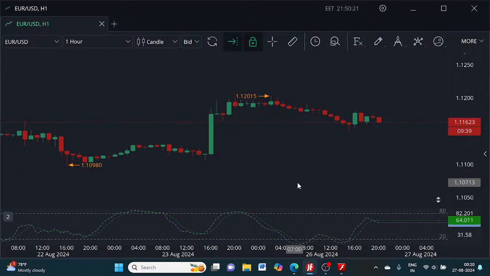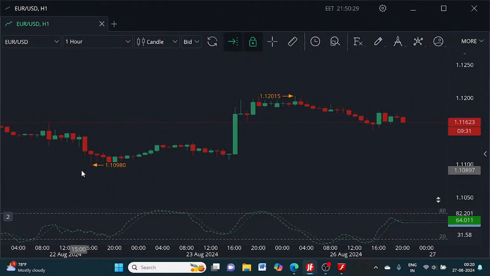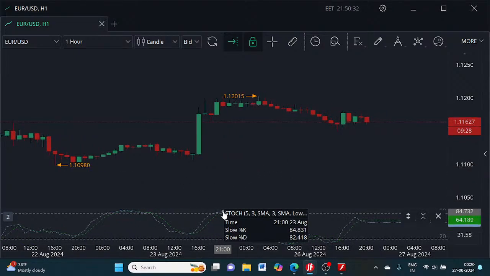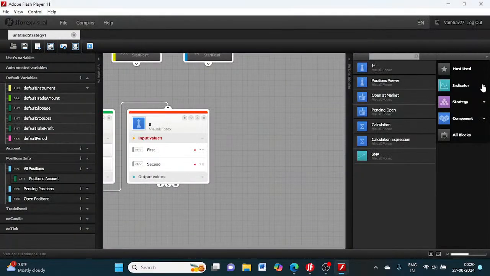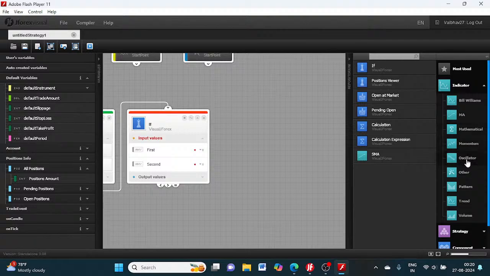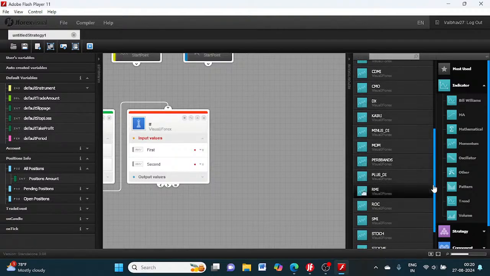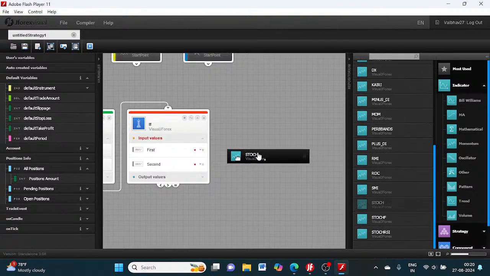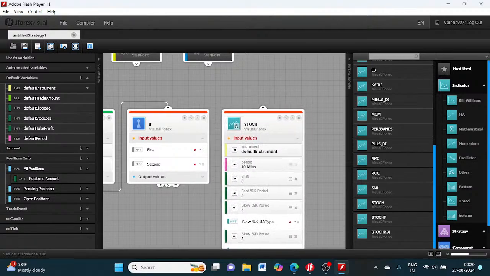Now if we are going to work with this stochastic, and we have already discussed its pitfalls, its shortcomings, we will need to bring in the stochastic indicator visual blocks. These are going to be listed among the oscillators. It's not there. I think it is among the momentum indicators. Alright, here it is. We have to define these parameters.